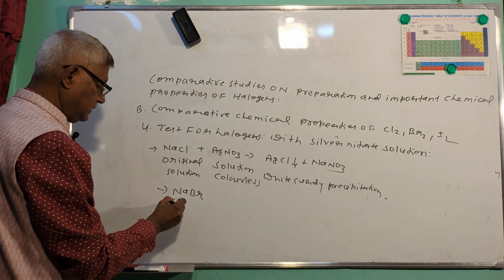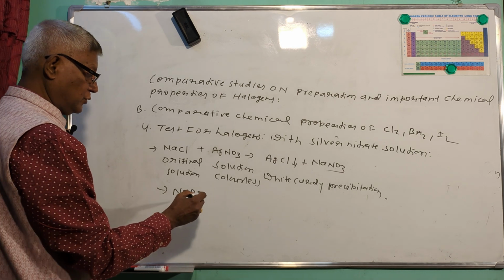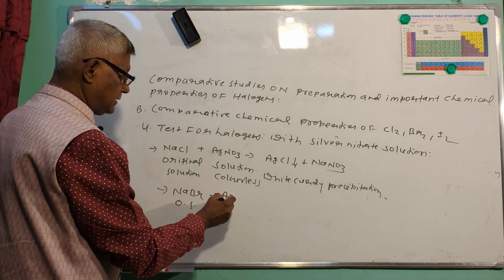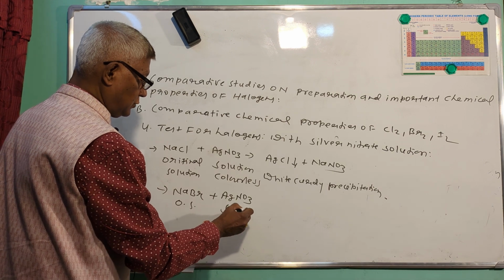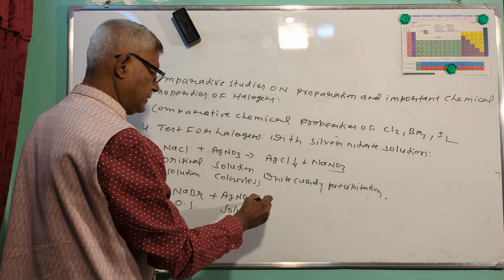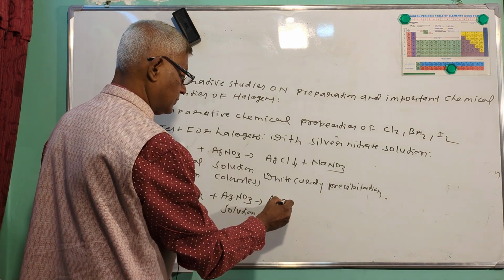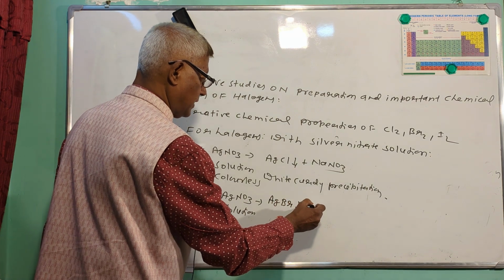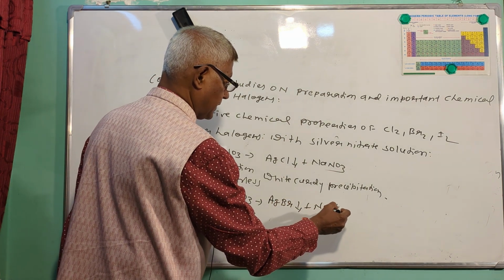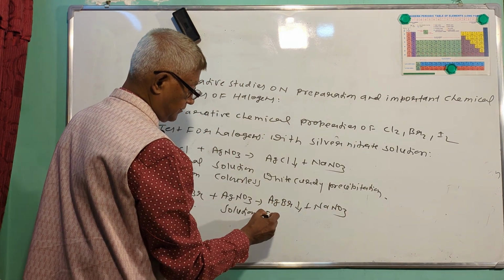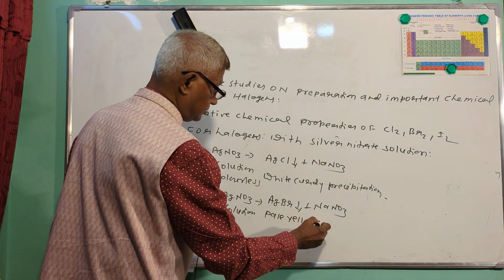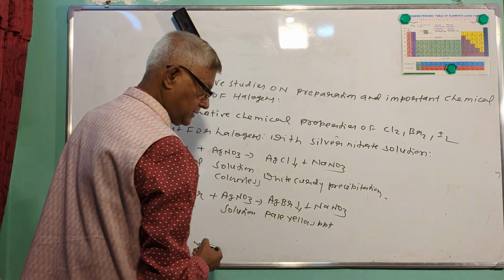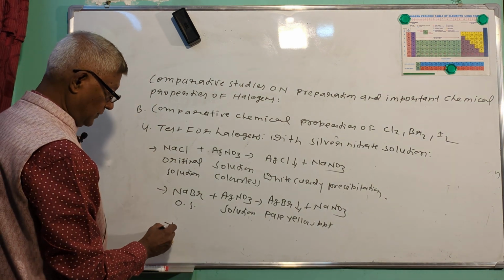Likewise, sodium bromide original solution, when treated with silver nitrate solution, gives silver bromide, which is a pale yellow precipitate. PPT means precipitate.